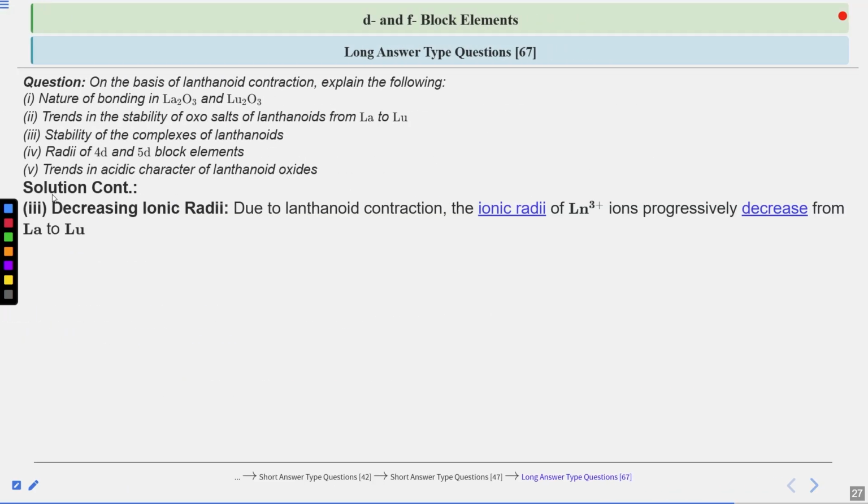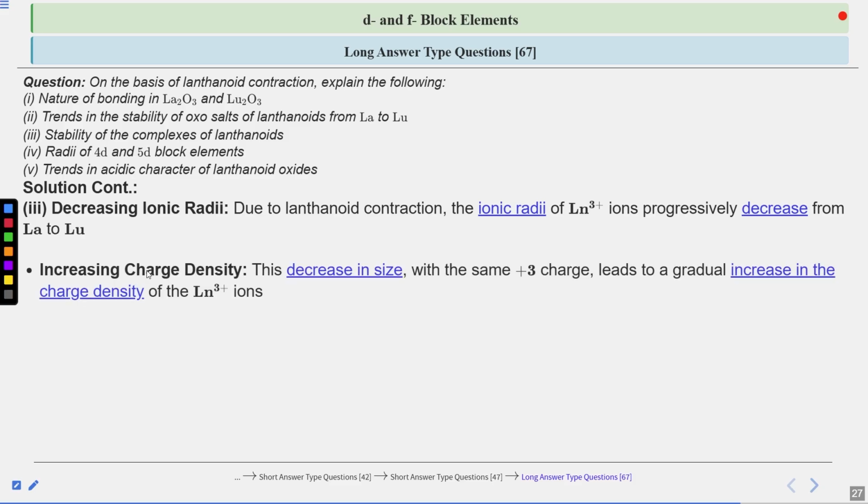Now let's see the third point, that is the stability of complexes of lanthanoids. Decreasing ionic radii: we know that due to the lanthanoid contraction, the ionic radii of lanthanoid tripositive ions progressively decrease from lanthanum to lutetium. Now, the charge density will increase.